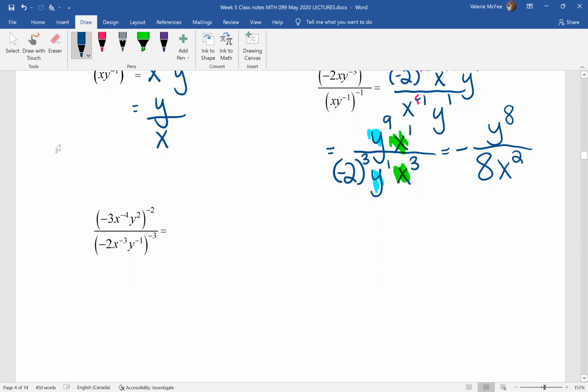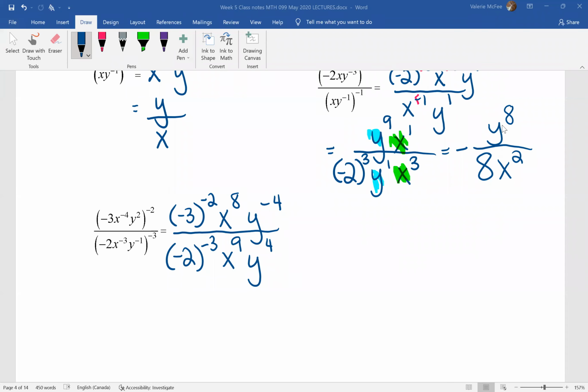Give this one a try if you haven't already done so. Again, I've applied the exponent outside the brackets to each factor inside.